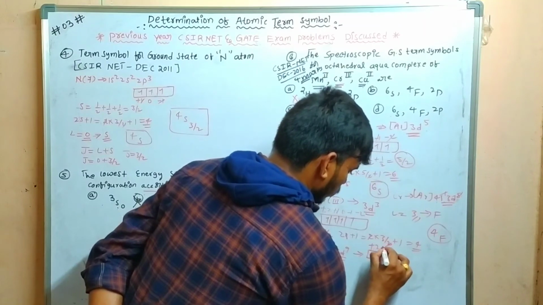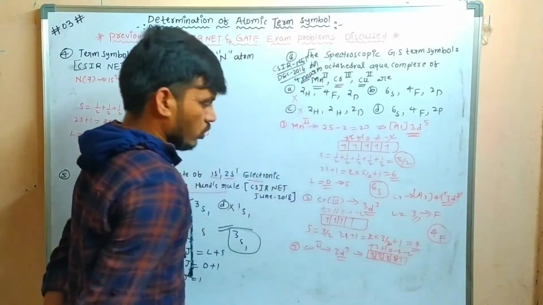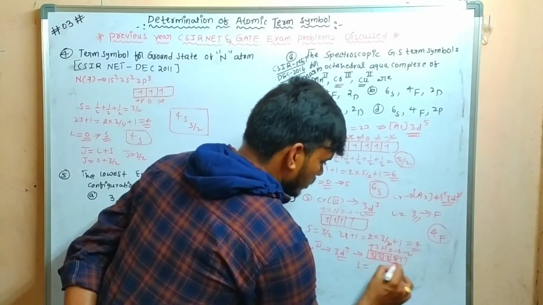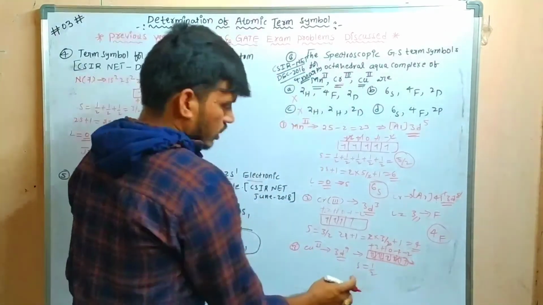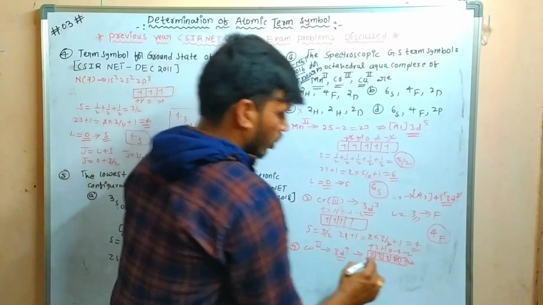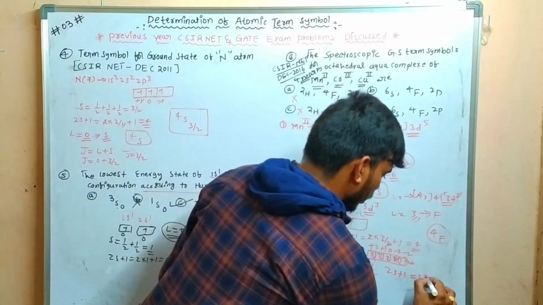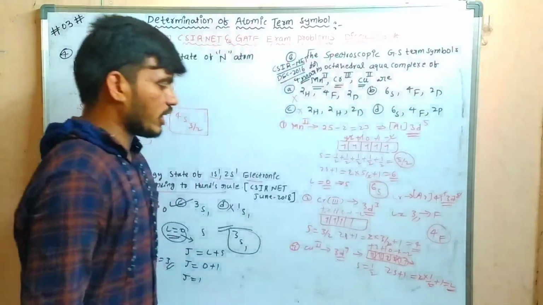Here the values are +2, +1, 0, -1 and -2. So what happened exactly? The S value is equal to only one unpaired spin present, so S is equal to 1/2. Now the spin multiplicity value is 2S plus 1 is equal to 2 into 1/2 plus 1. The 2 is cancelled, so 2. 2 is the spin multiplicity value.